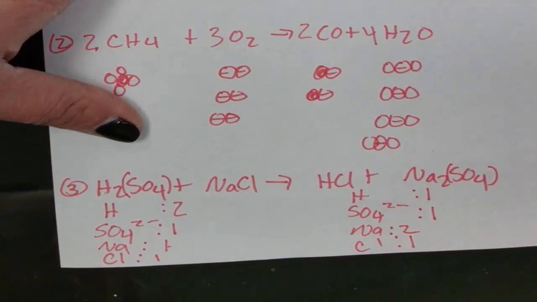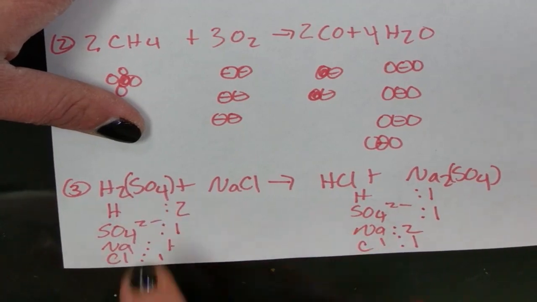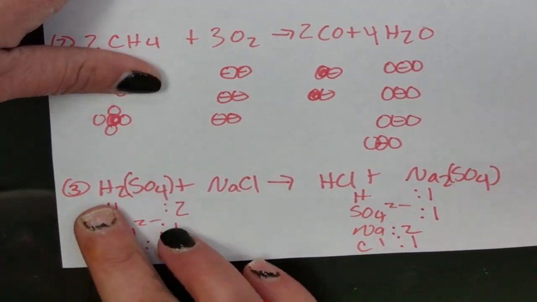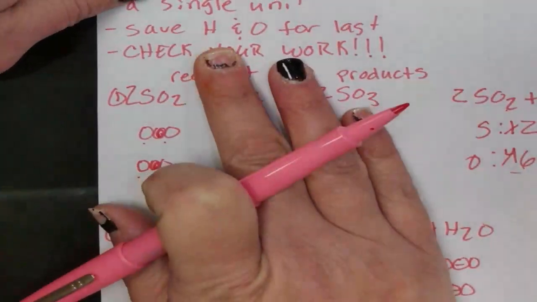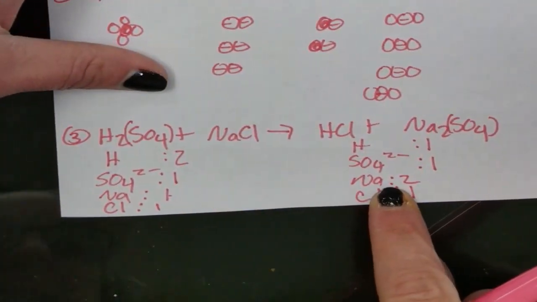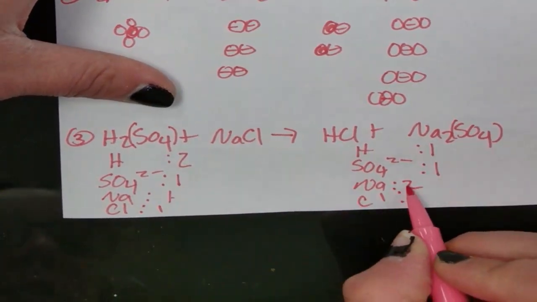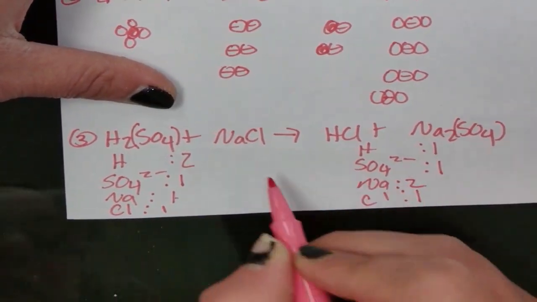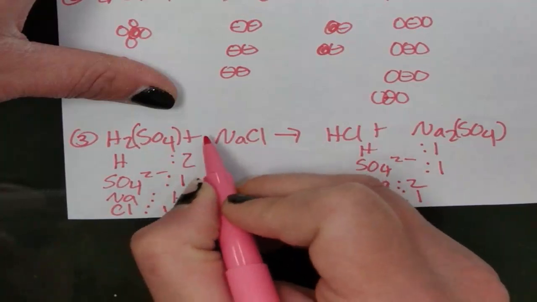So I'm working left to right, but my rule was save hydrogen and oxygen for last. So I'm going to go ahead and balance this sodium. I have 2 sodiums as a product, so I need 2 sodiums as reactants.